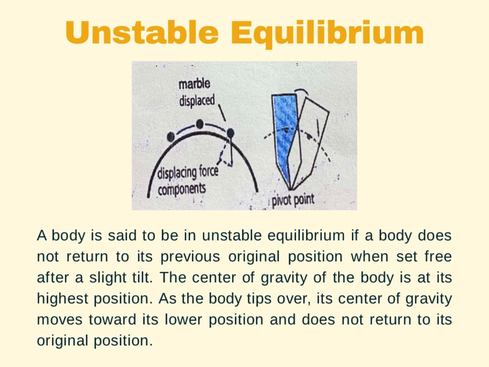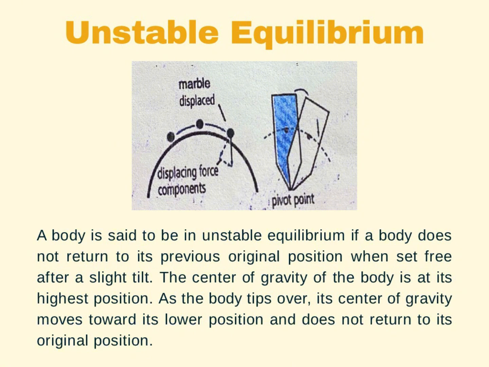Another type of equilibrium is unstable equilibrium, wherein a body is said to be in unstable equilibrium if it does not return to its original position when set free after a slight tilt. The center of gravity of the body is at its highest position.